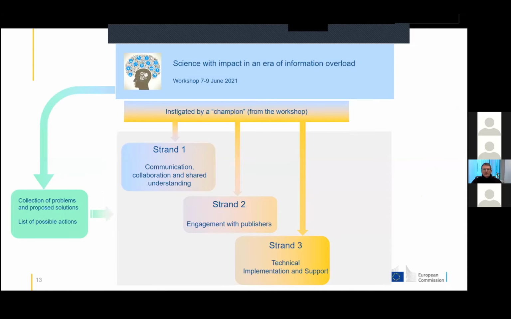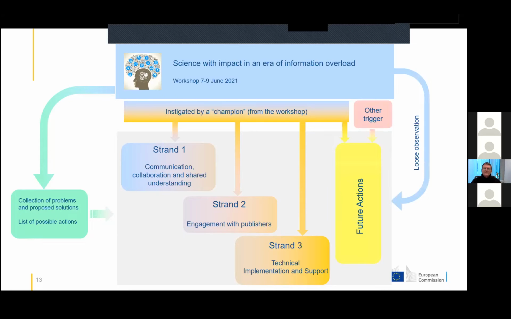So if we go back to this science with impact in an era of information overload, strand 2, the engagement with the publishers, was a clear result of that workshop, but was already in parallel being managed by the OECD, and led to today's webinar. We will obviously, out of this workshop, also have additional actions beyond these strands, but that's midterm future, not near-term future.